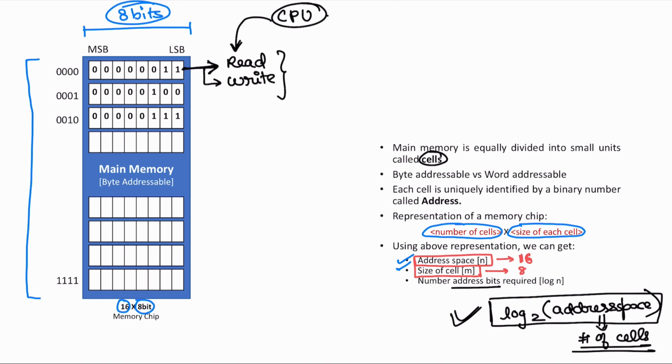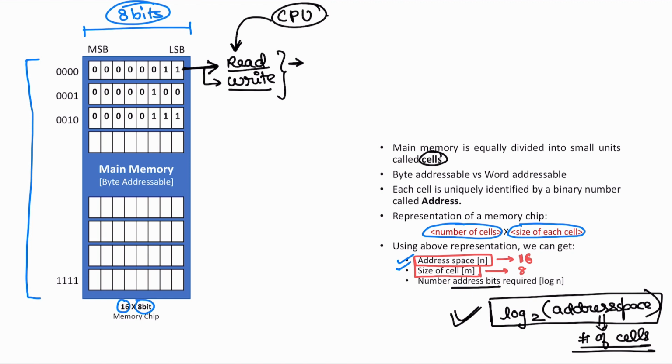A CPU can perform either one of them on any cell, and therefore we have this read and write operation defined for each cell in a main memory. I think this is clear.